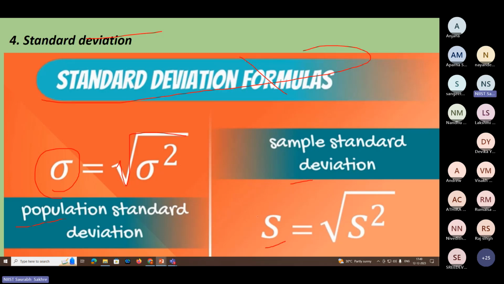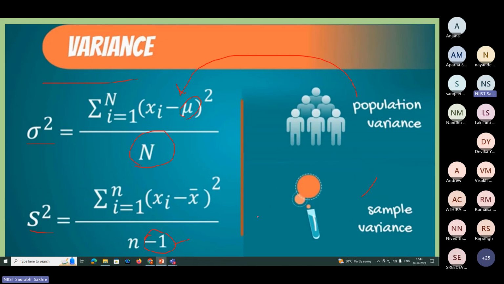Now why did we do it? Simply think that you are calculating variance for speed. Now you see in variance, there is a square in the formula. So the units of this output will be squared, kilometer square or kilometer per second square.